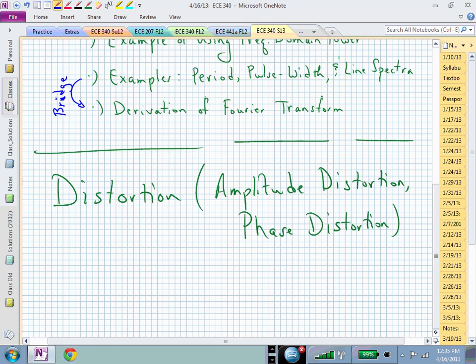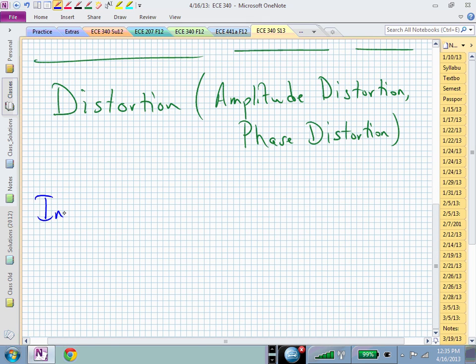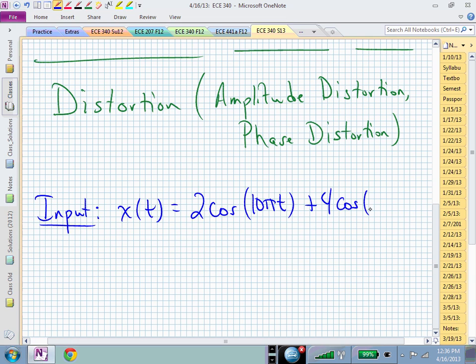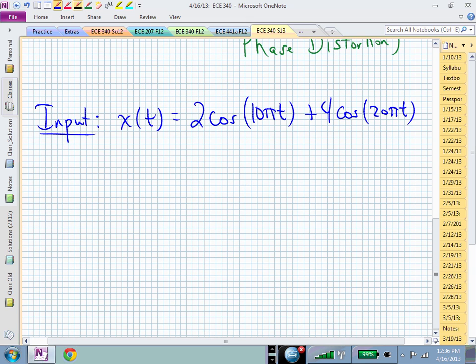Here's the idea. Suppose I give you a signal, call that the input signal, and for this class, typically we refer to that as x, but x now is made up of two frequencies, 2 cosine 10 pi t plus 4 cosine of 20 pi t. What we want to do is inject that input signal, x of t, into different systems.